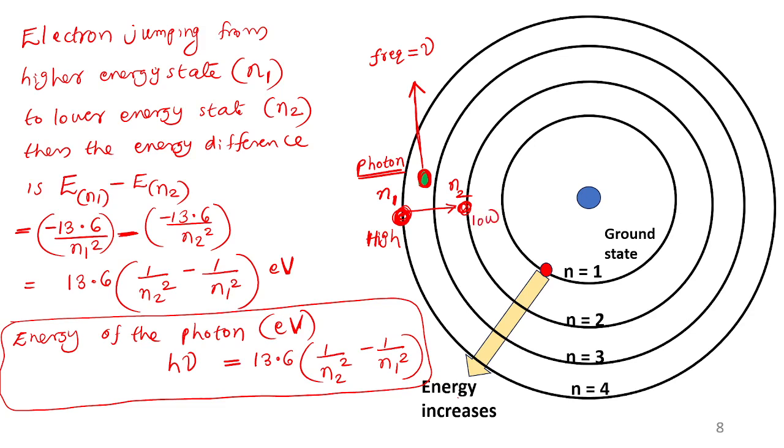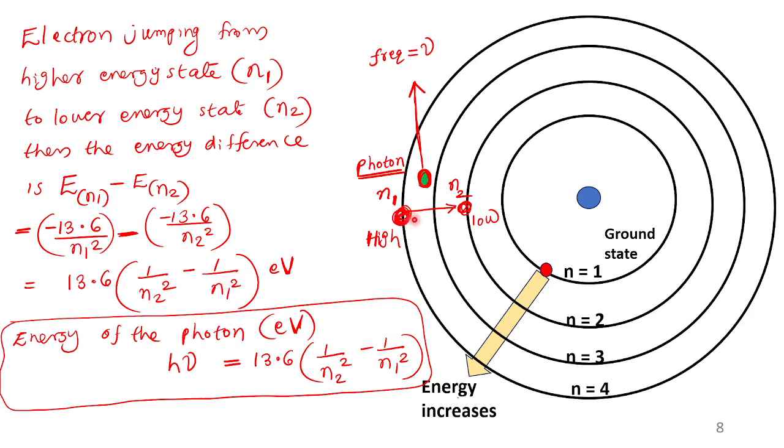As per the energy conservation rule, if the electron jumps from a higher energy state to a lower energy state, it will emit some radiation. I am completely avoiding the derivation part because it is not required for the time being.